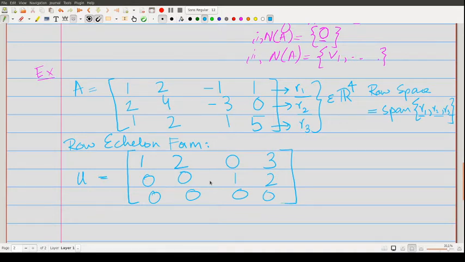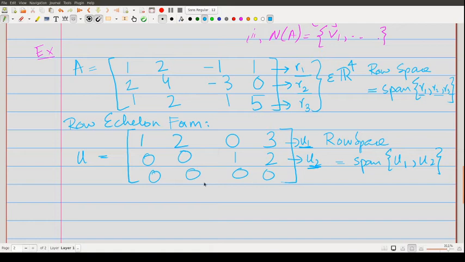And so if they have the same row space, then the row space of this is simply, if I call this U1 and this U2, the span of U1 and U2. Because the third vector isn't going to span anything, if you take a linear combination, it's not going to add anything.